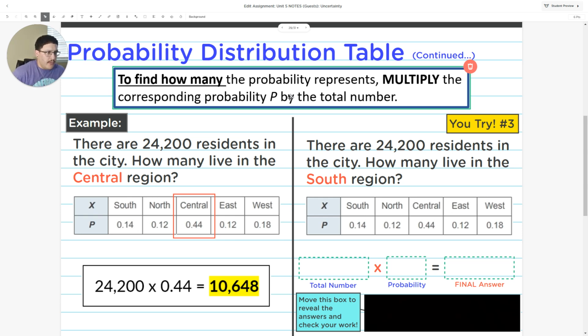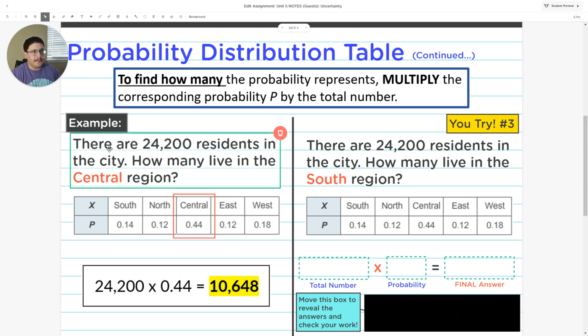Okay, so some other problems involving probability distribution tables. To find how many the probability represents, we're going to multiply the corresponding probability P by the total number. Sometimes we're given a figure, and from that figure we also have a probability distribution table. We want to figure out how much of a certain event comes from a specific thing.